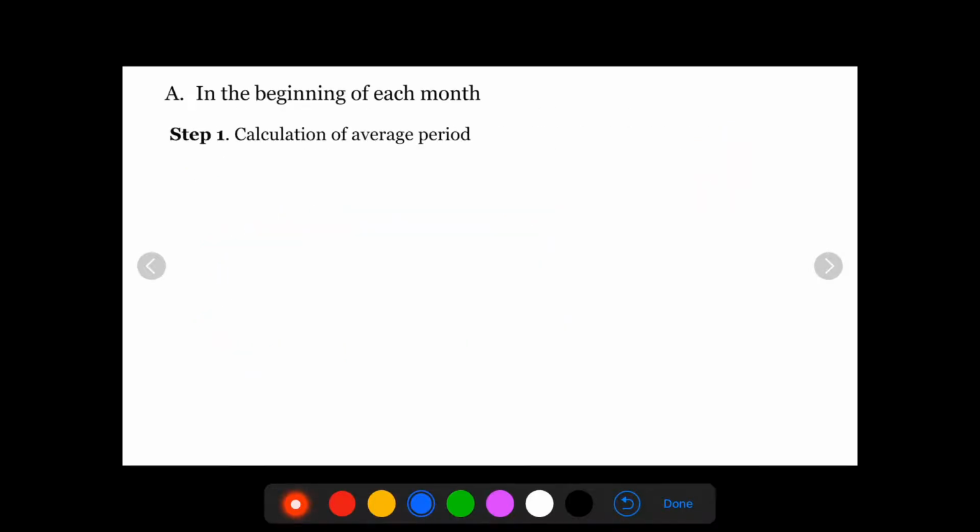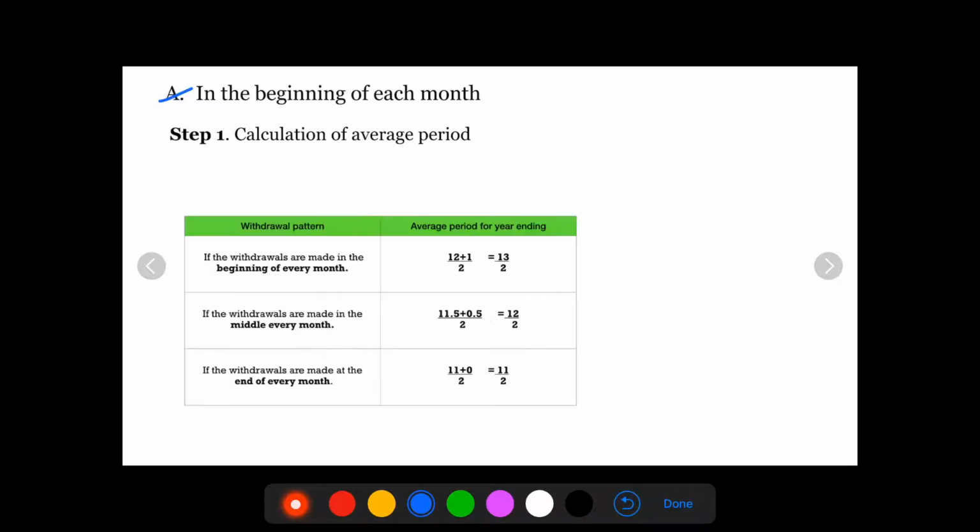Let us take the first scenario, that is, in the beginning of each month. We will do the calculation stepwise. Step 1 is calculation of average period. How do we calculate average period? If it is in the beginning of the month, the average period is 12 plus 1 divided by 2, which is equal to 13 by 2.